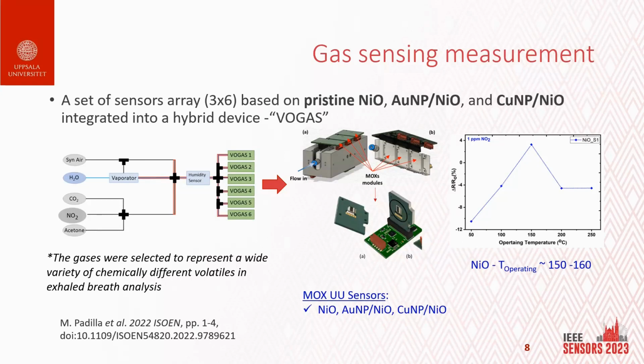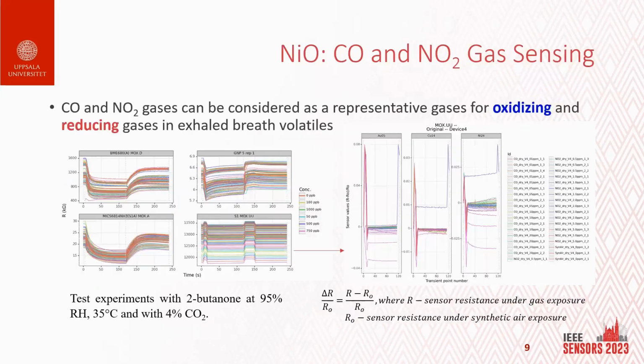These are mostly the dominant gases in exhaled breath analysis. We want to see how these gases affect each of the pristine nickel oxide, the gold nanoparticle decorated, and the copper decorated ones. This is the general data we obtained from the different devices.